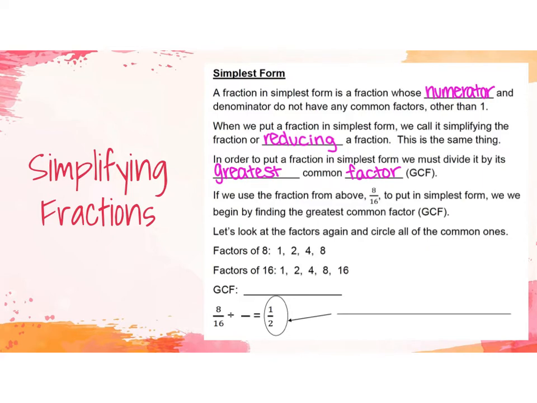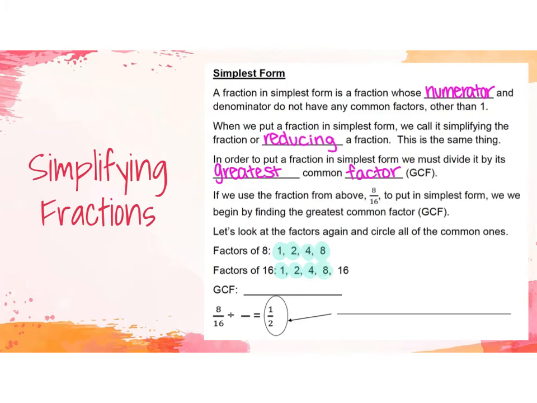If we use the fraction from above, 8/16, to put in simplest form, we will begin by finding the greatest common factor. Let's look at all the factors again and circle all of the common ones that we see. So I see 1 is a common factor, 2 is a common factor, 4 is a common factor, and 8 is a common factor.